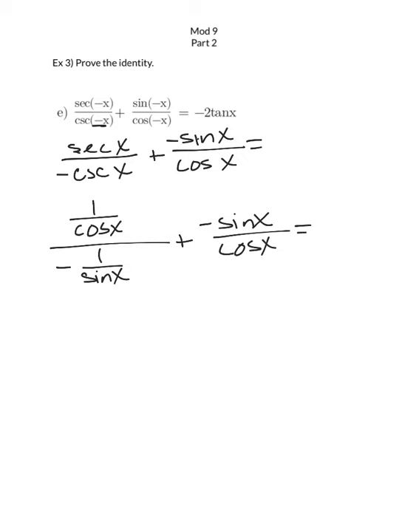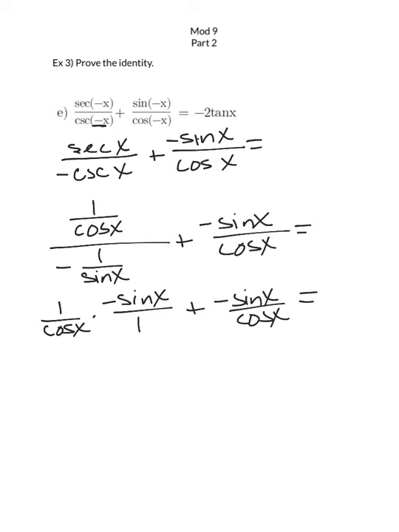When you have a fraction divided by a fraction, you flip the bottom fraction and multiply. So the left-hand fraction will become 1 over cosine of x times negative sine of x over 1. Plus, we've still got this negative sine x over cosine x, and I'm not going to do anything with it until I'm finished with the first fraction.